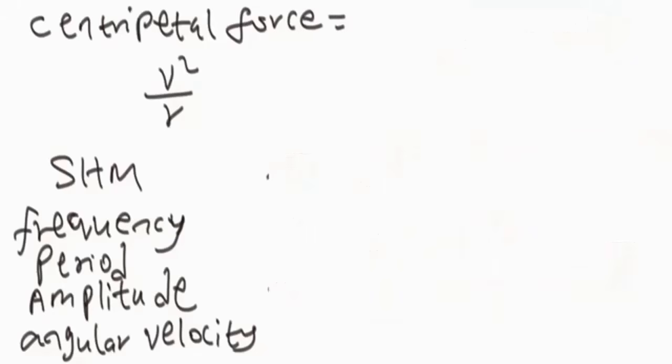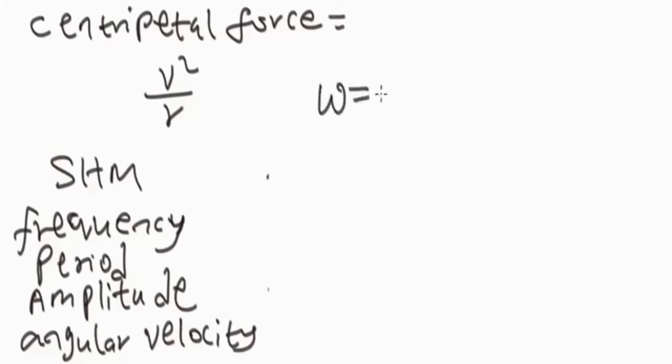Okay, so amplitude is the maximum displacement or distance of a body undergoing simple harmonic motion, and amplitude, being a distance, is measured in meters, whereas the angular velocity is simply the angle swept around a circle per unit time.